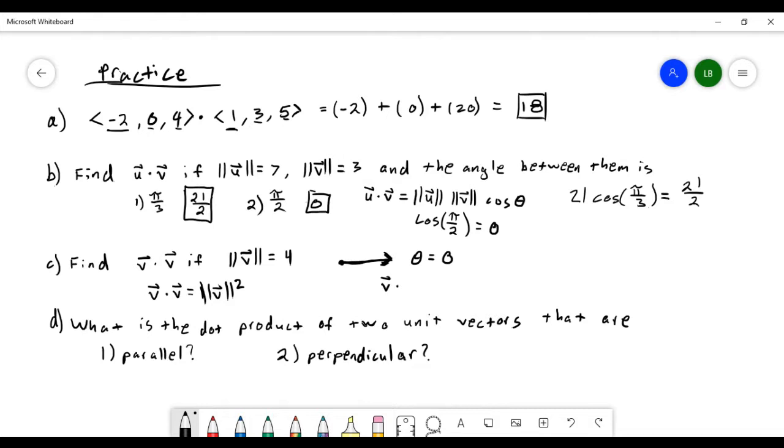So if we did v dotted with v, that's the magnitude of v times the magnitude of v times the cosine of 0. But the cosine of 0 is just 1. So that is the magnitude of v squared. And of course, the magnitude of v is 4, so 4 squared gives us 16.